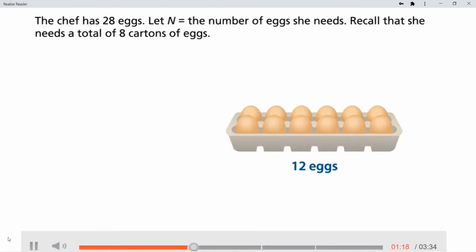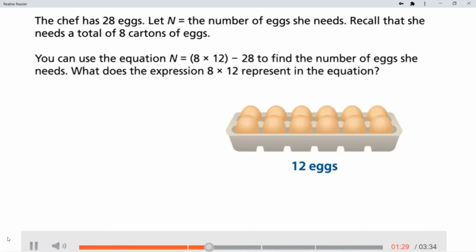The chef has 28 eggs. Let n equal the number of eggs she needs. Recall that she needs a total of 8 cartons of eggs. You can use the equation n equals 8 times 12 minus 28 to find the number of eggs she needs. What does the expression 8 times 12 represent in the equation?